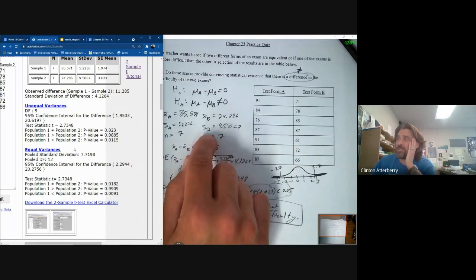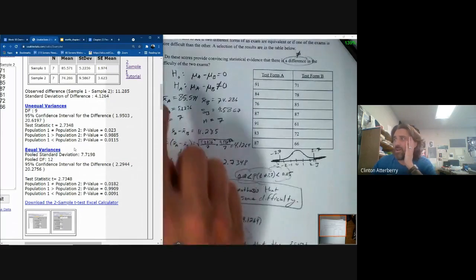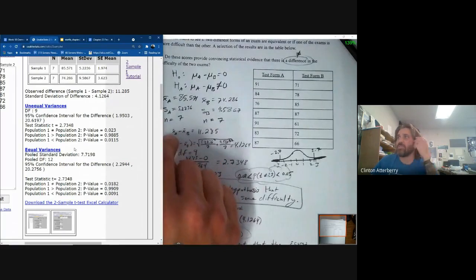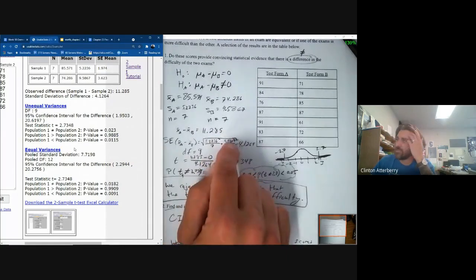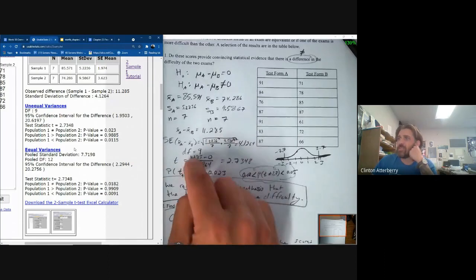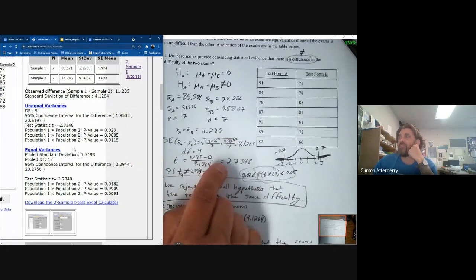Standard deviation 9.5 something with a sample size of 7. Our difference of our averages is 11.285. Using the standard error of the difference, we get 4.1264. Degrees of freedom is 9. We find our t-score of 2.7348.